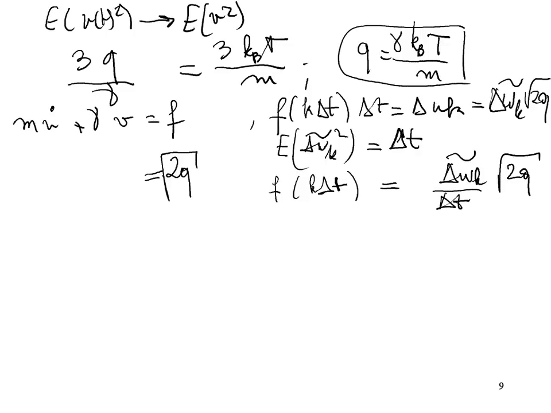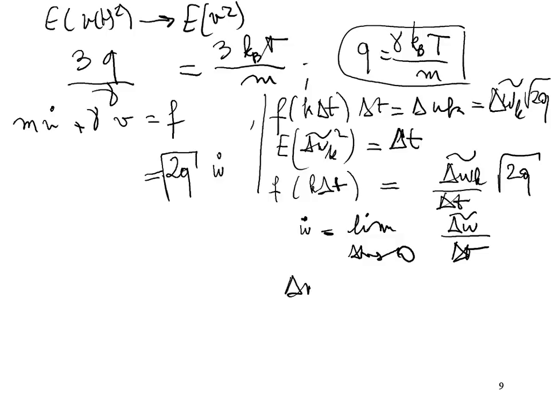Generically omega k is a discretization of omega, so this is simply omega dot, where by definition omega dot is formally the limit as delta t goes to 0 of this ratio of d omega tilde divided by delta t, where d omega tilde, at time t, is simply equal to omega of t plus delta t minus omega of t.